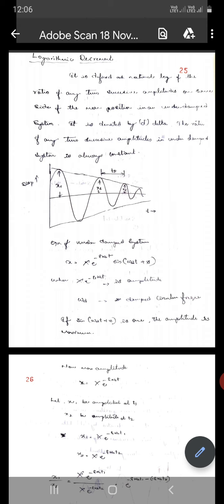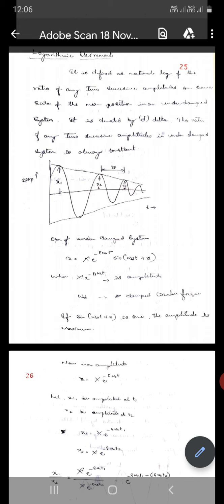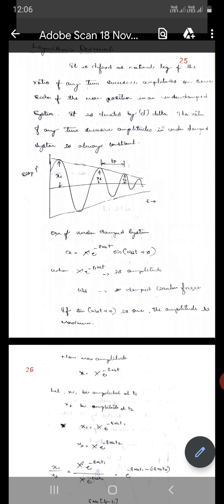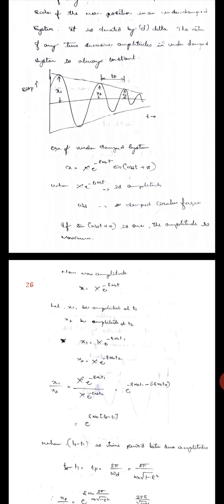Let x1 be the amplitude at time t1, as you can see from the figure, and x2 the amplitude at time t2. So they can be written as x1 equals X e raised to minus zeta omega n t1, and x2, the second amplitude, as X e raised to minus zeta omega n t2.